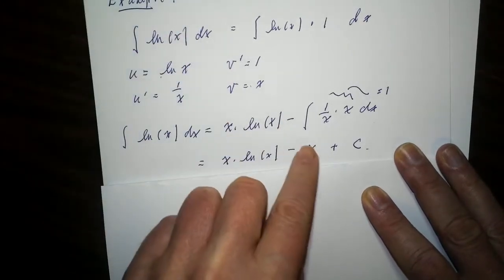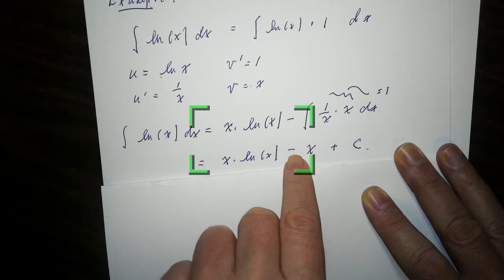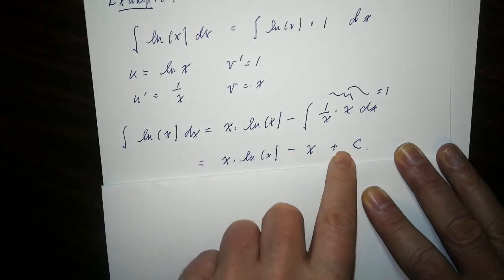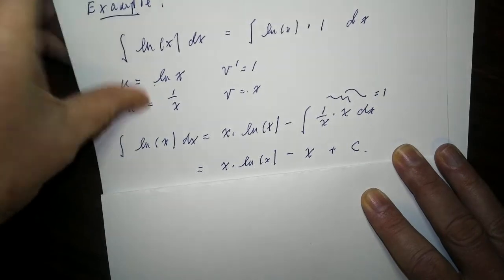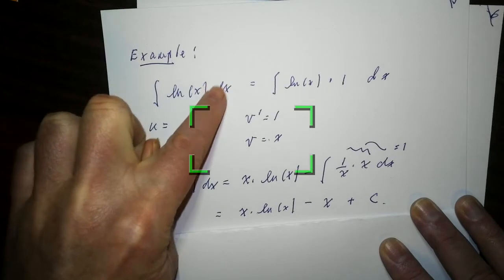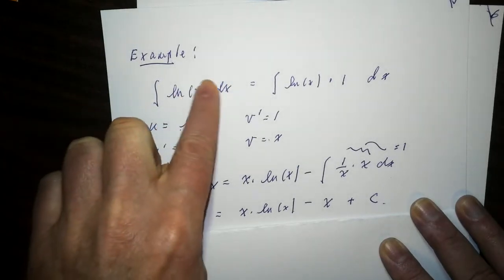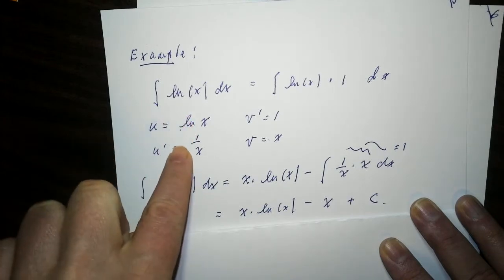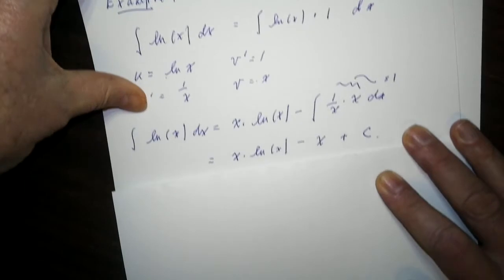So I'll have the integral of 1, which is just x, and this minus sign comes from that, and then plus c because this is an indefinite integral. So if the function inside is simply one function whose derivative we know, but whose antiderivative we don't know, that's typically a tip-off to use integration by parts where v prime is 1.